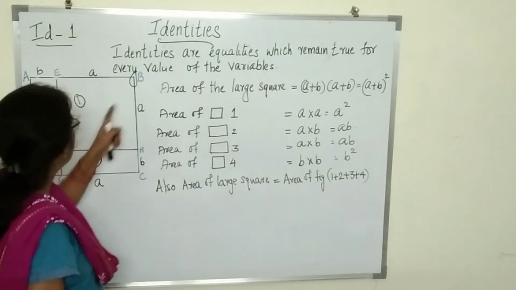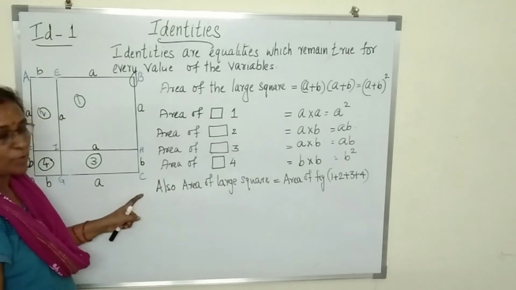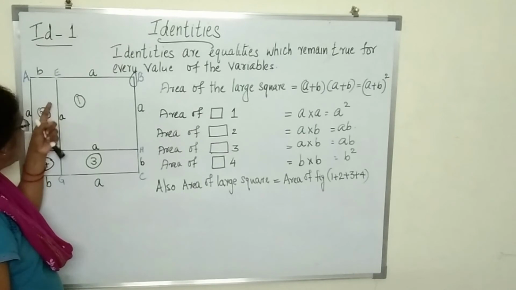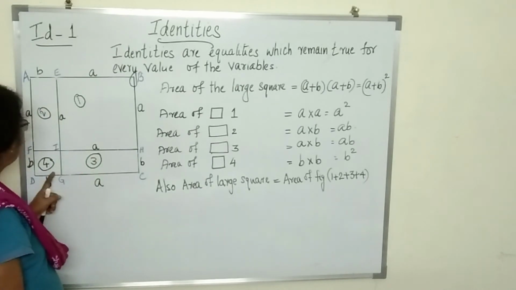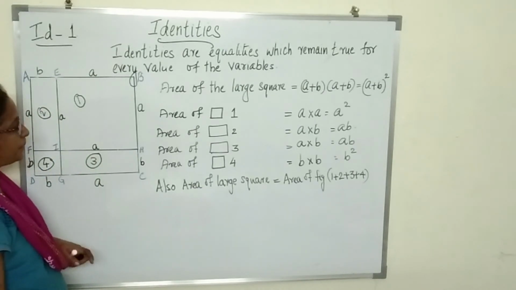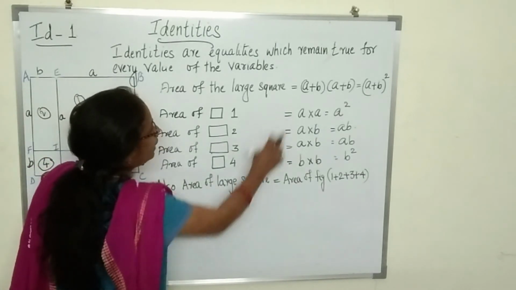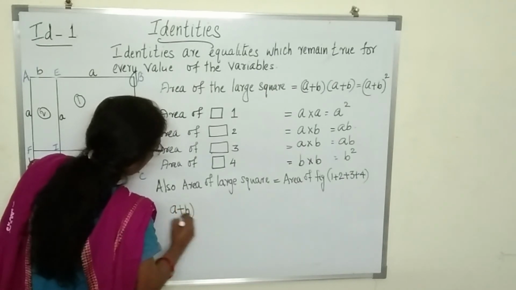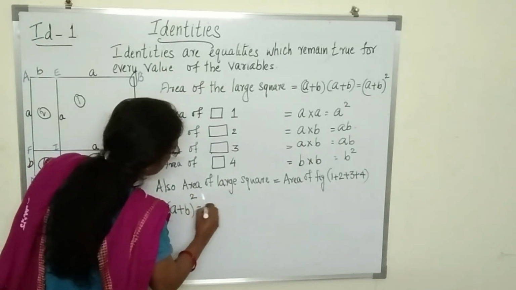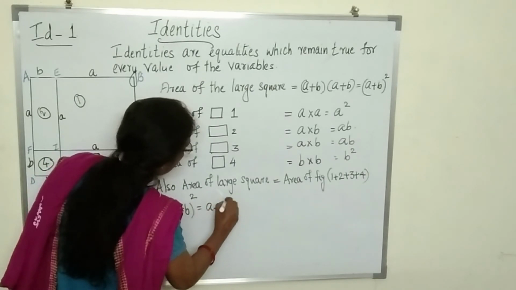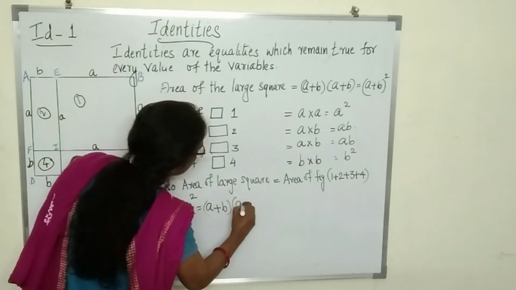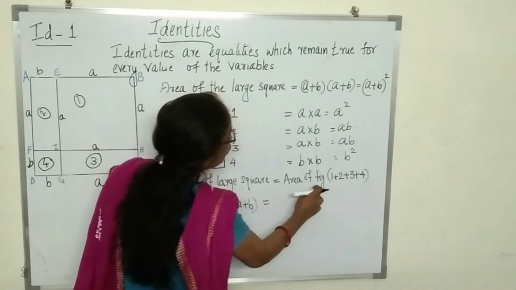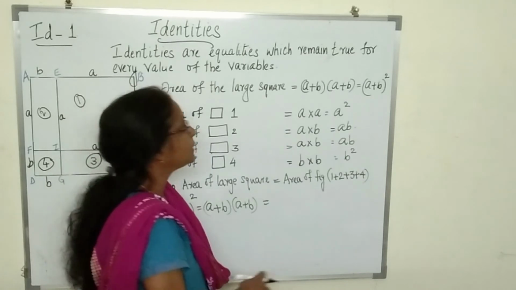That is, the area of this big square is equal to the area of this square plus the area of this rectangle plus the area of this rectangle plus the area of this square. So what is the area of the big square? We have already got that. That is A plus B whole square, which is equal to A plus B into A plus B, is equal to the area of figure 1 plus 2 plus 3 plus 4.